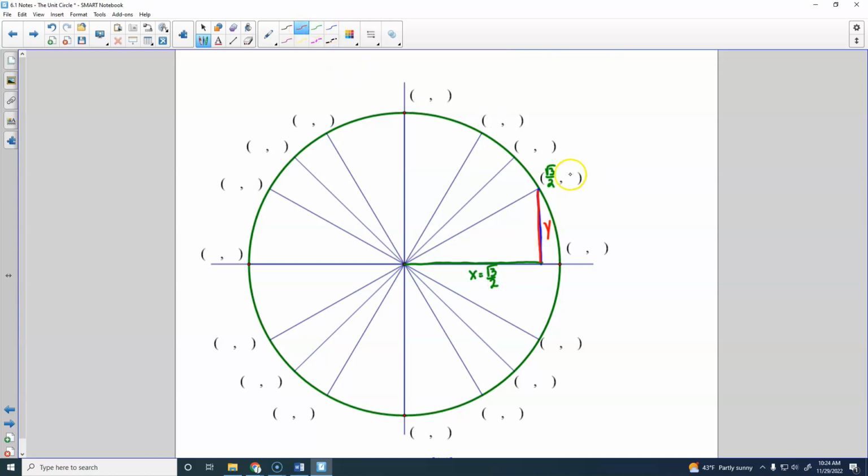And we said that this side is 1/2, so y right there is 1/2. I know that this angle is 30 degrees, and I know this side right here is 1. So let's talk about why this is helpful.